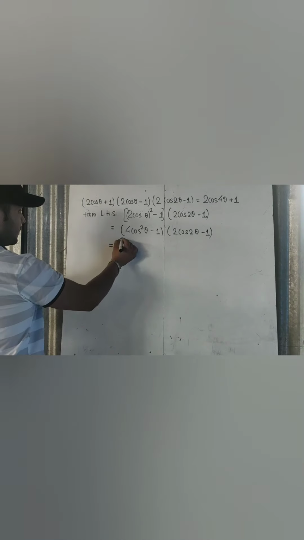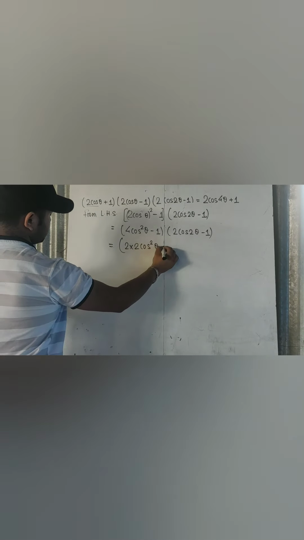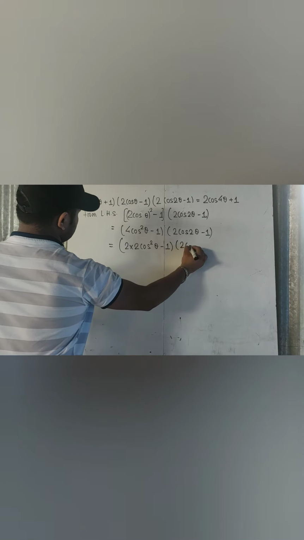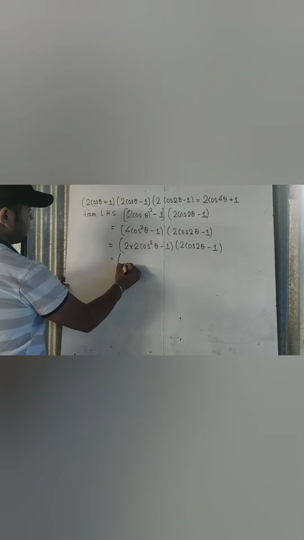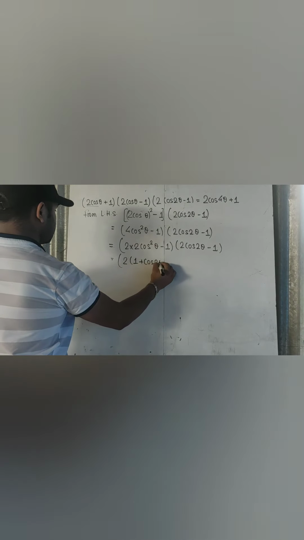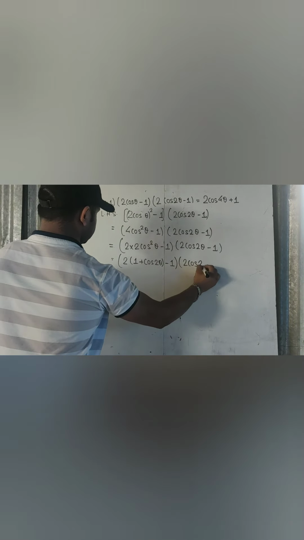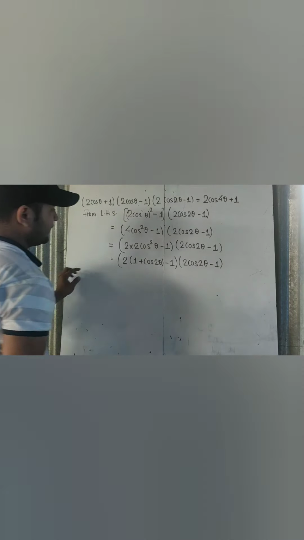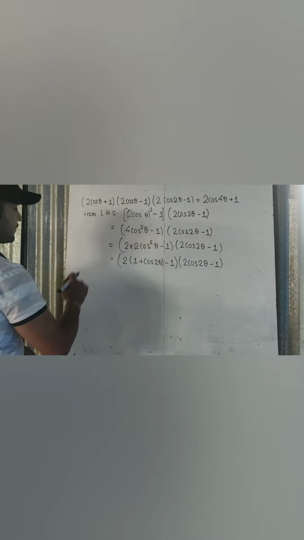Now, furthermore, 4 can be written as 2 into 2. Now 2 cos square theta is 1 plus cos 2 theta. What we did here is, in place of 2 cos square theta, we wrote 1 plus cos 2 theta, because we all know that 2 cos square theta is 1 plus cos 2 theta.